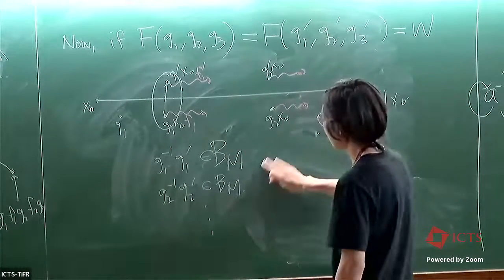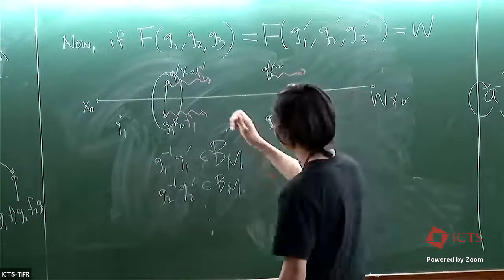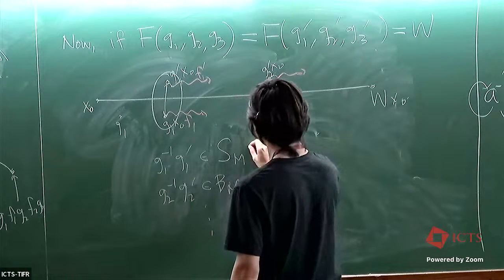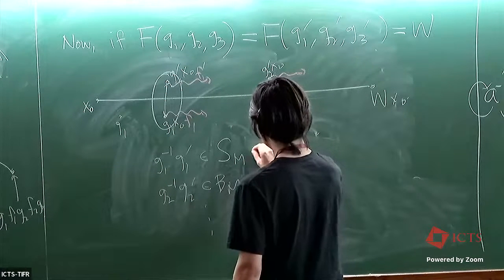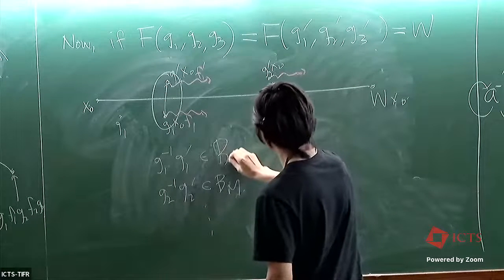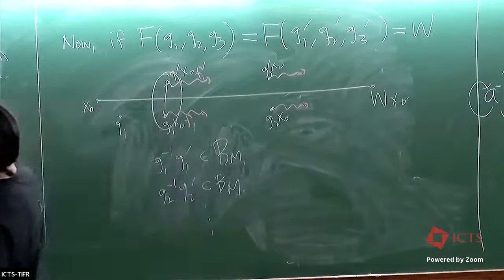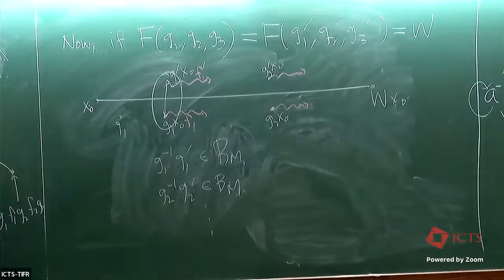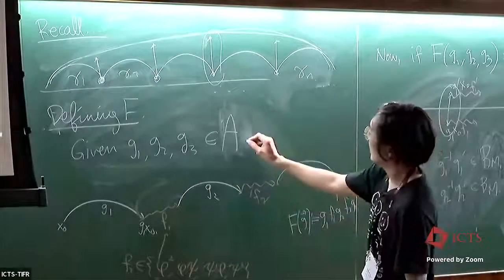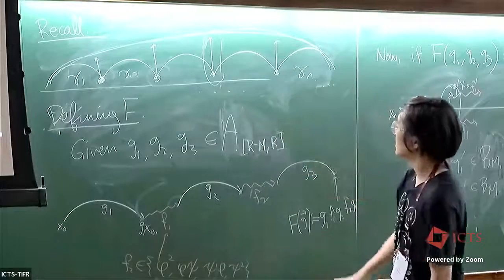Now, to prevent that cheating, I should replace this with A. This remains true, but I should replace this with A sub R minus M to R. What does this mean?